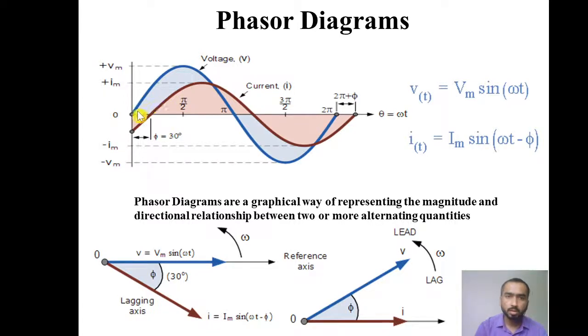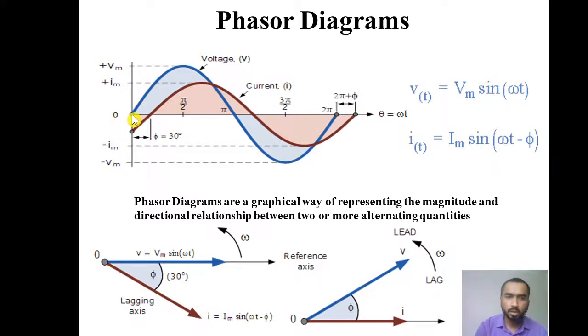Now see, this voltage signal starts from this 0 point, and from this point the positive half cycle starts. In one cycle there are zero crossover points, meaning when the signal crosses 0. This is the axis where the amplitude is 0.